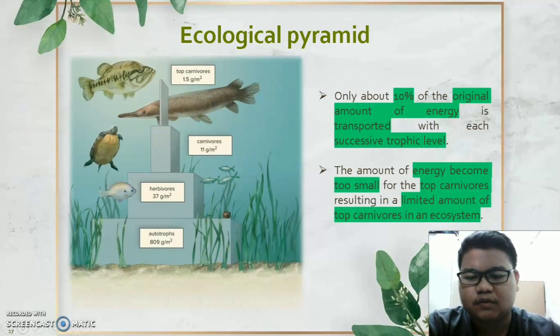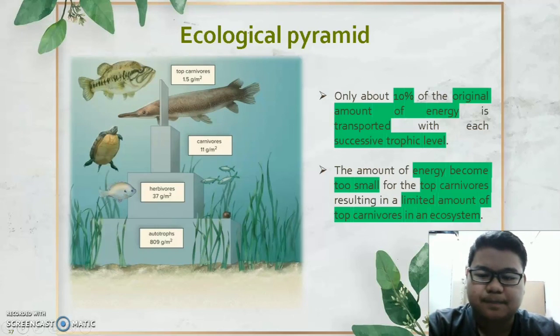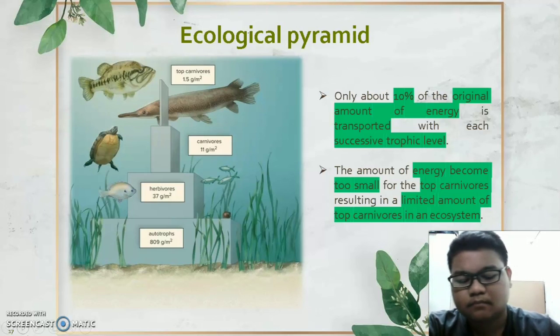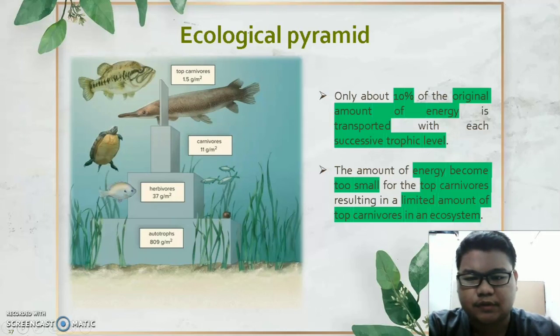Like we can see here, the autotrophs produce 809 grams per meter squared of energy, which is consumed by herbivores, but only 37 grams per meter squared of energy is transferred. The amount of energy eventually will become too small for the top carnivores, resulting in a limited number of top carnivores in an ecosystem, which refers to the smaller biomass of carnivores.